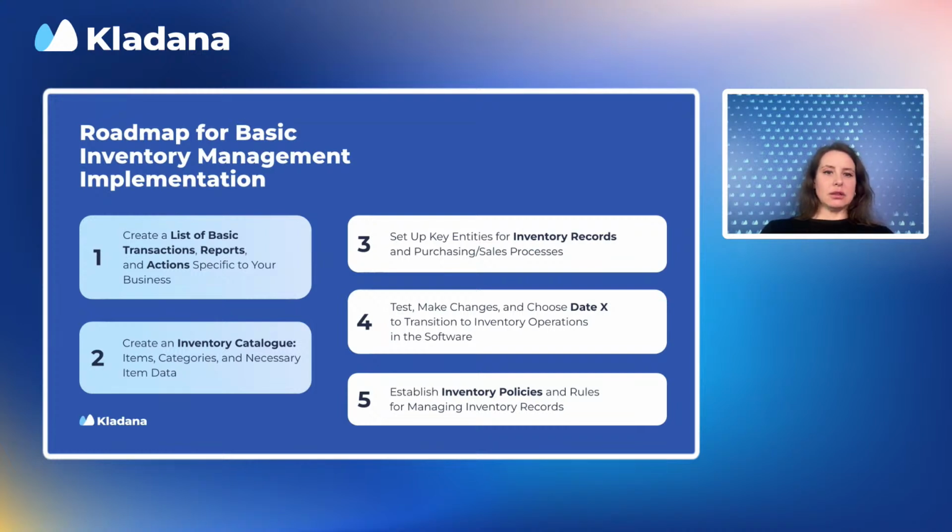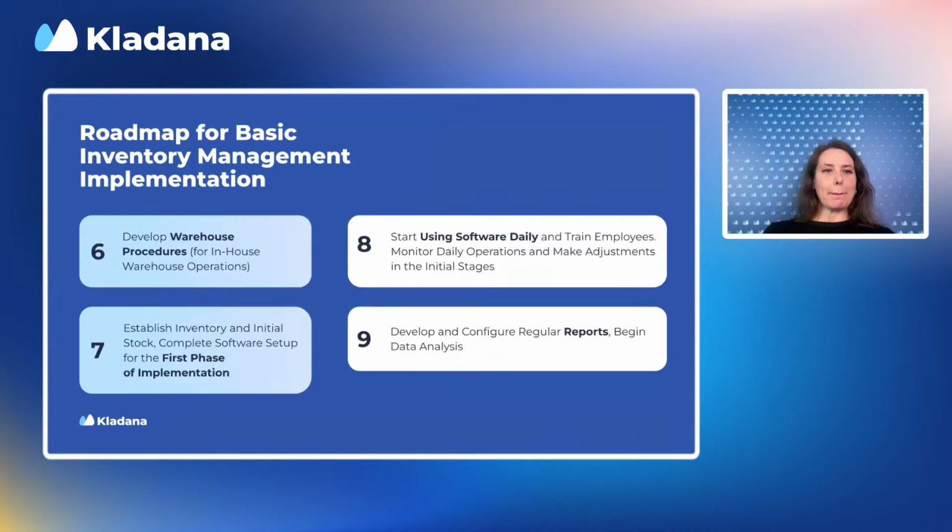After that, please think about inventory policies and rules, how to manage inventory records. It may not sound very clear now, but I'll give a hint a little bit later. Also, please develop warehouse procedures if you have in-house warehouse operations.